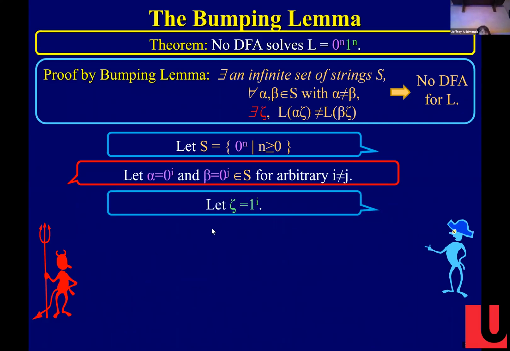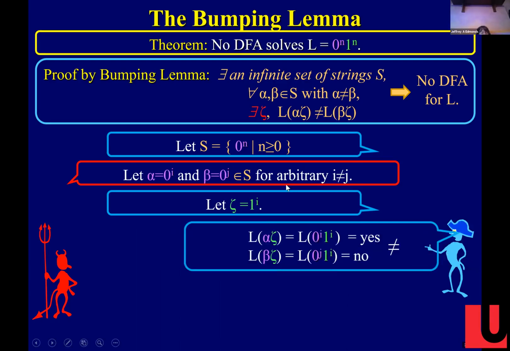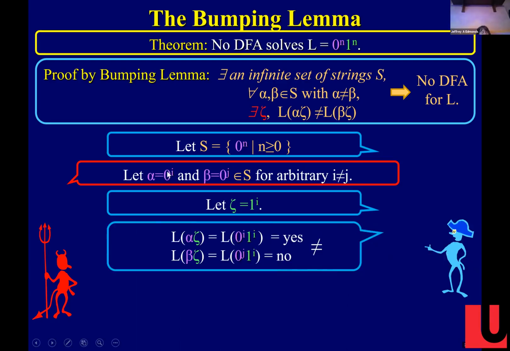So what am I going to do? I'm going to let my zeta be i ones. The adversary gave me i zeros and j zeros.